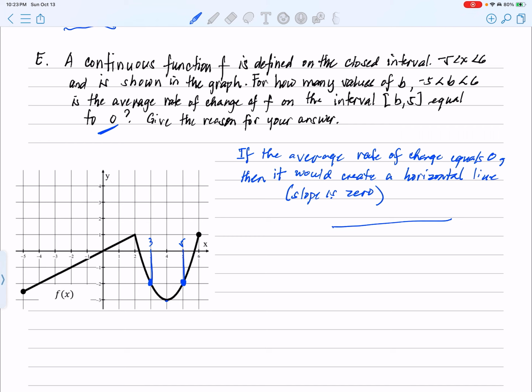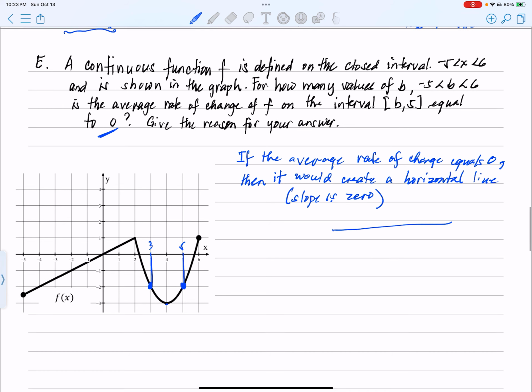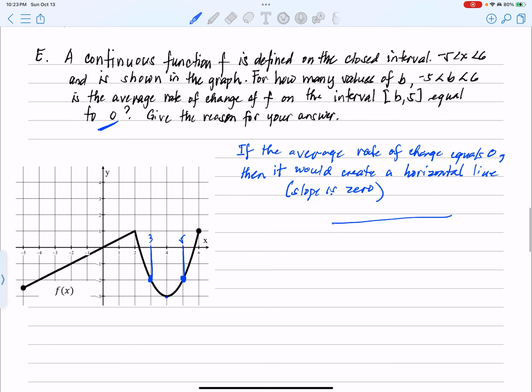Is there another one? Let's say we have the function of 5 and it says -2. What will our y value be here? f of x is -2.